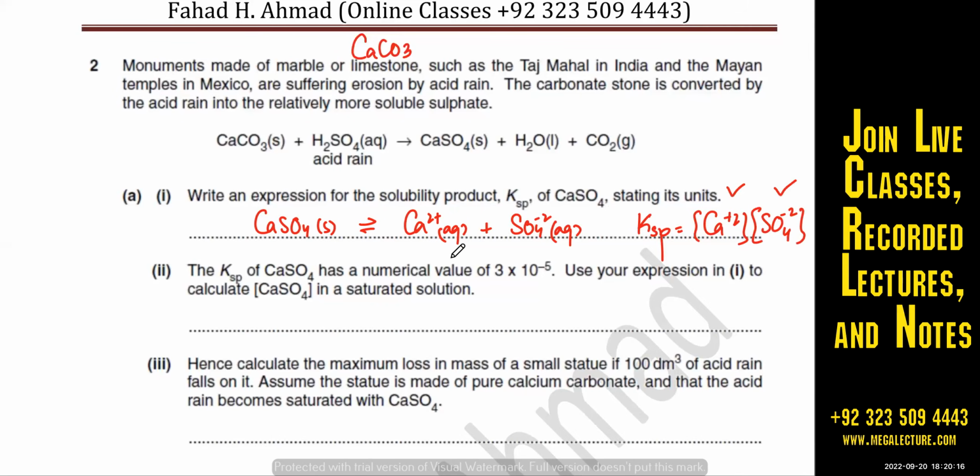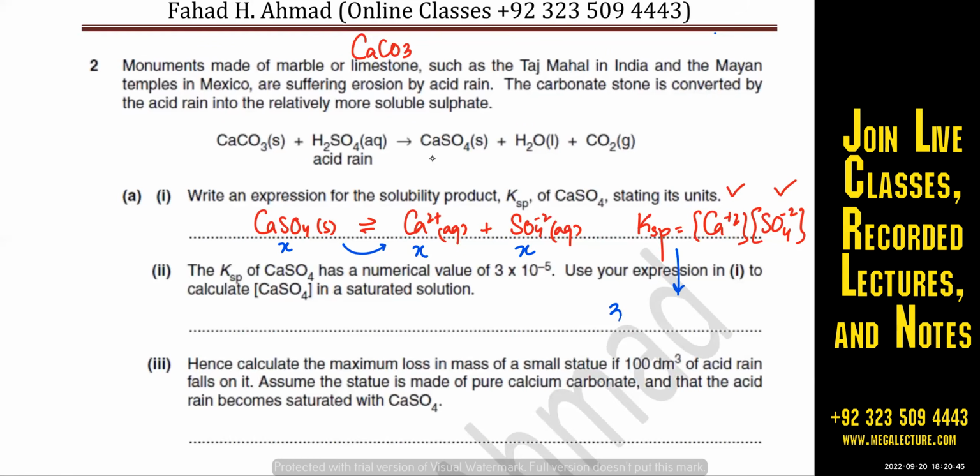And they've told us that the numerical value of this is 3 times 10 power minus 5. Use your expression to calculate the concentration in a saturated solution. So they're actually asking for the same thing. Do the reverse. Let's assume X mole per dm cube dissolves. So how many calcium ions will be produced? According to the ratio, it's going to be X mole per dm cube of this, and there's going to be X mole per dm cube of sulfate ions as well. So for my Ksp, I'm going to use this expression.